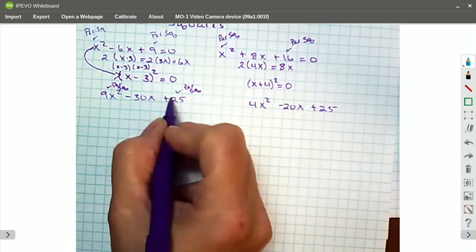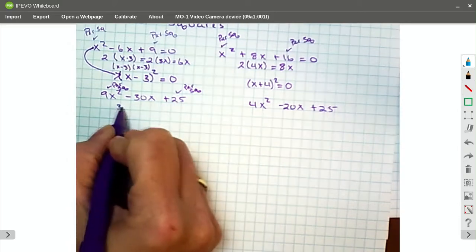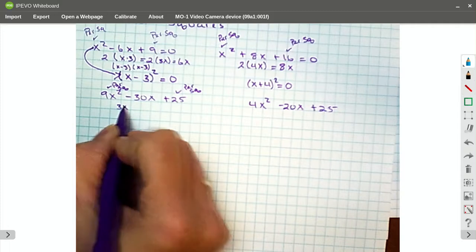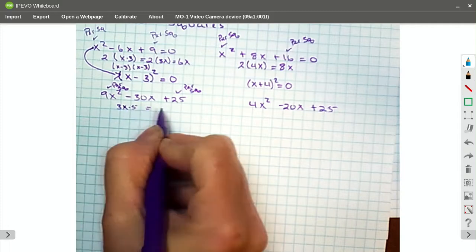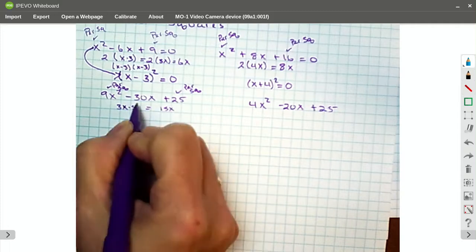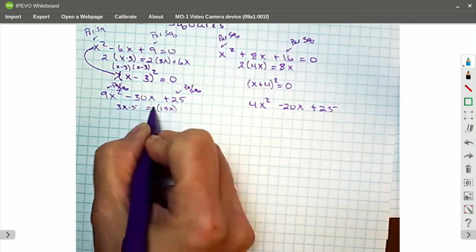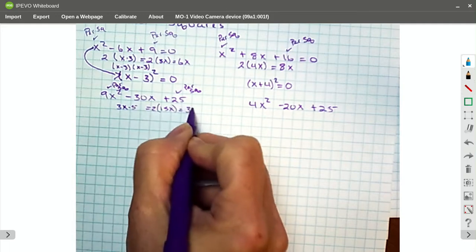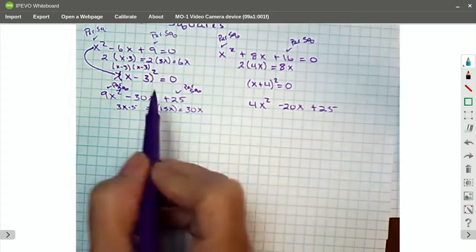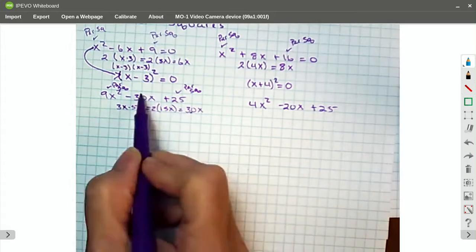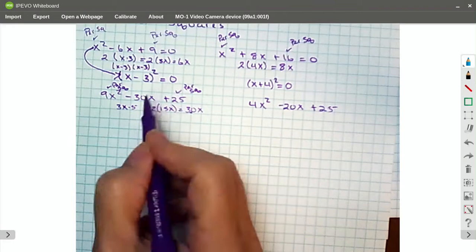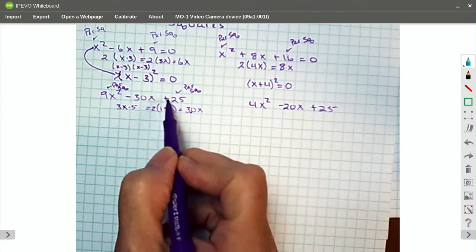So 3x times 5 gives me 15x. If I double that, if I multiply that by 2, I get 30x, right? So since that's a 30x, that meets my criteria. I have a trinomial square.